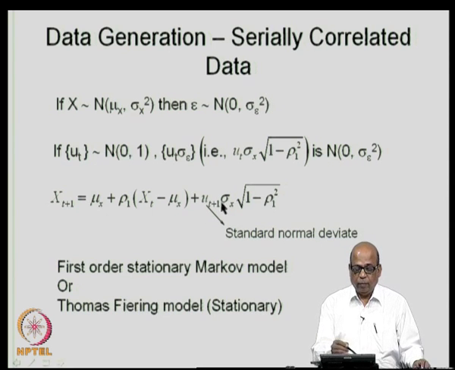So, for x 2, you have assumed x 1 to be equal to mu x, so this term becomes 0. mu x is the long term mean, sigma x is known, rho 1 is known, and this standard normal deviate you pick up from the table or any of the functions that are available. So, you get x 2.